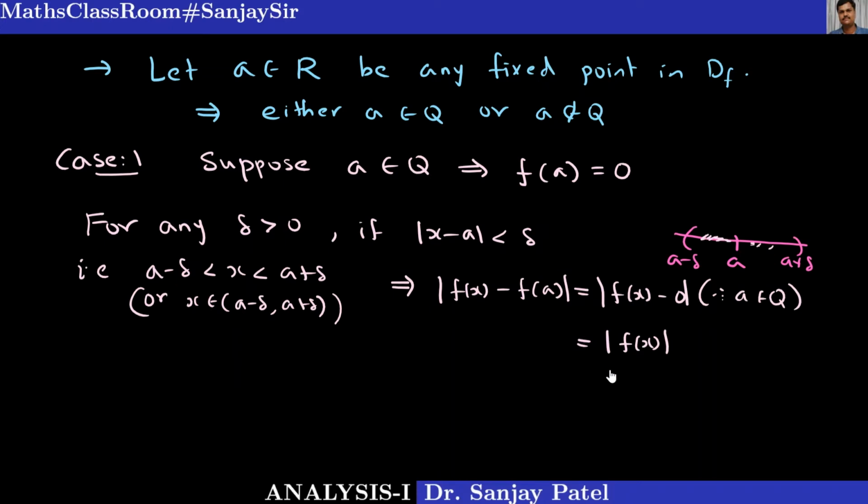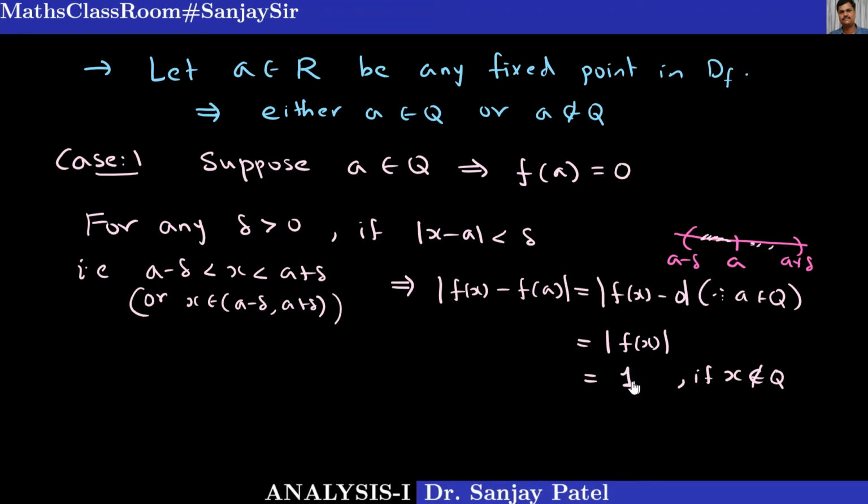Suppose I choose x, some irrational number between a minus delta and a plus delta, what I will get is that this is equal to 1 by definition of the function f. If x does not belong to Q, that is x is an irrational number, then for that particular irrational number, the value of the function will be 1.